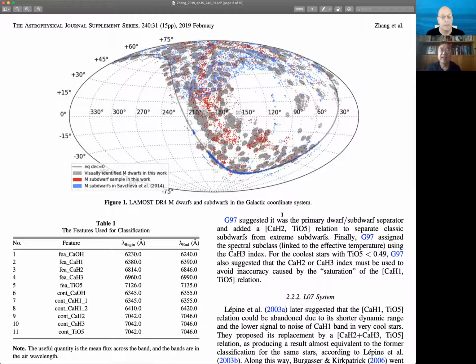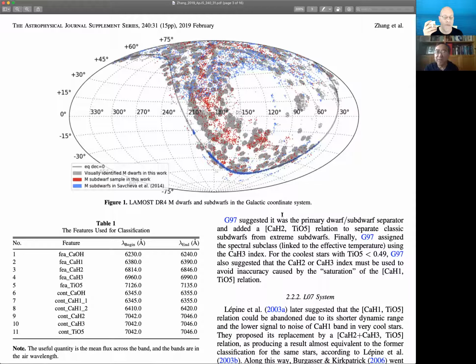To search for the M-subdwarfs, we use a traditional method developed first by Gizis in 1997, and then revised by Lépine in 2007.